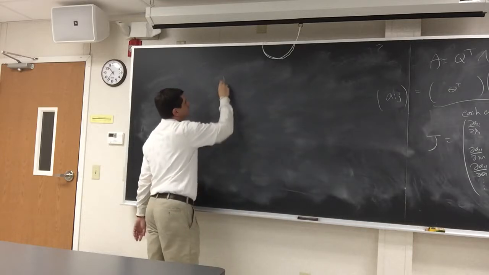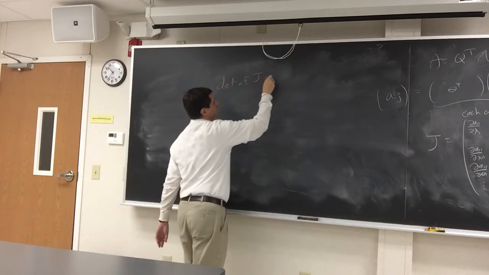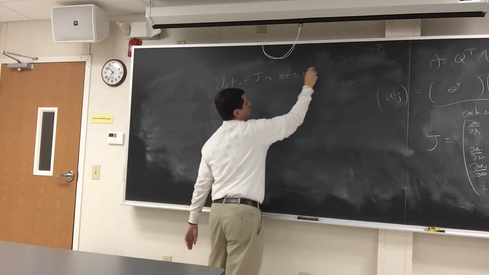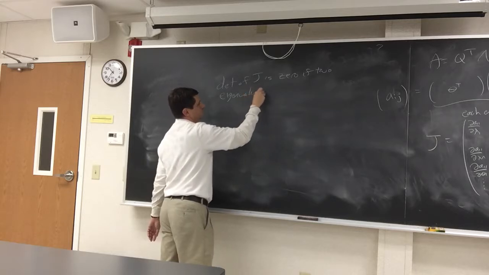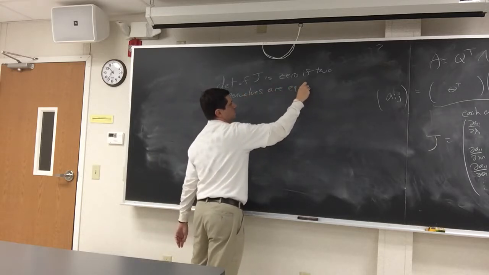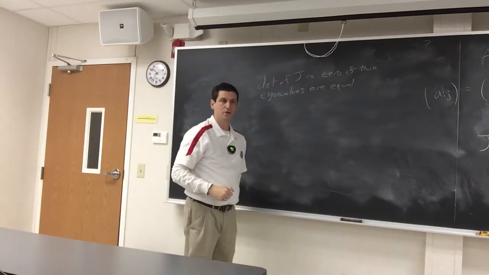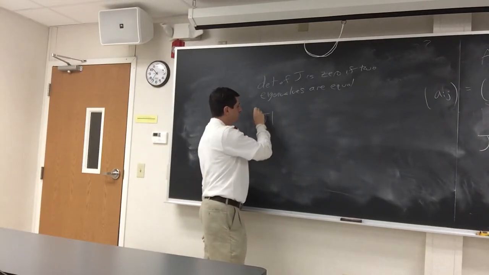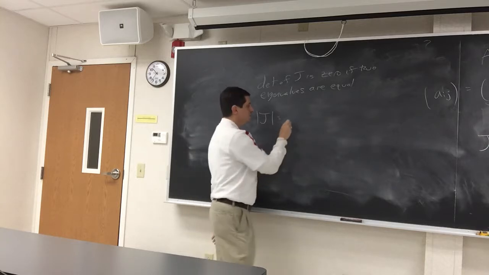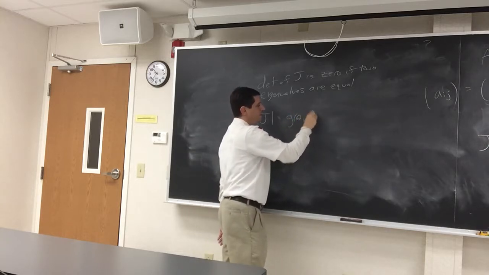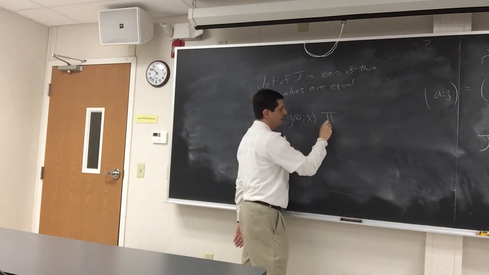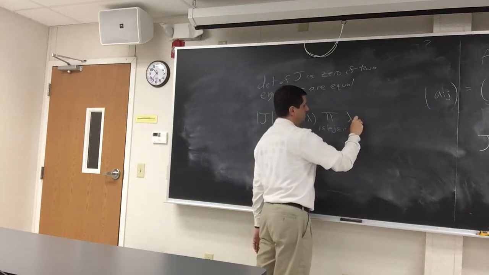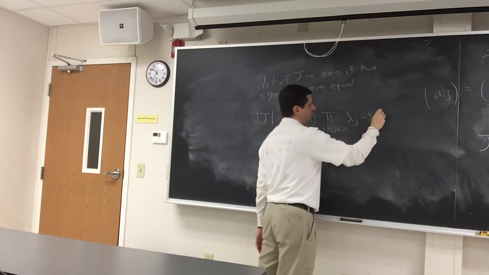So we have the determinant of J is 0 if two eigenvalues are equal. So that means I should be able to write the determinant of J as some function of theta and lambda times a product over 1 less than or equal to i less than j less than or equal to n of lambda j minus lambda i.